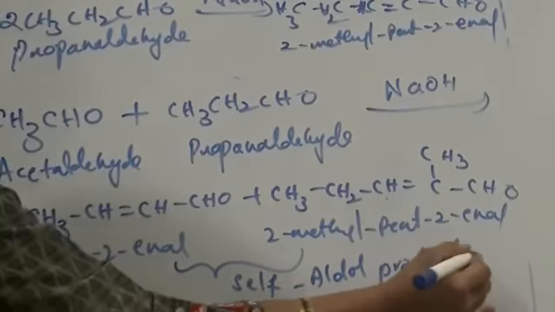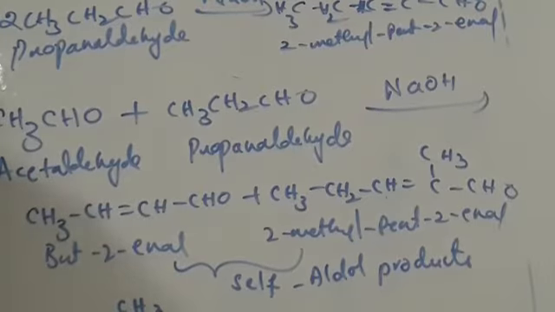Okay. So here cross-aldol products are 2-methyl but-2-enol and pent-2-enol. So these are the cross-aldol products. So 2-methyl but-2-enol, along with this, we get pent-2-enol.